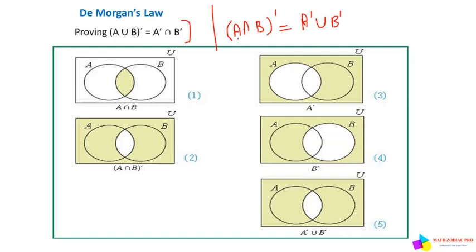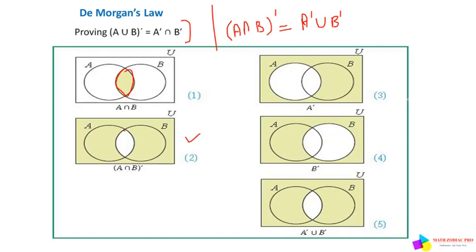So first we want to find the A intersection B. So A intersection B means this is a part A intersection B. Okay, so A intersection B all dash means the inverse of this, that is the complement of this. So this one is a part of A intersection B all dash. Okay, so next we want to find the A dash.